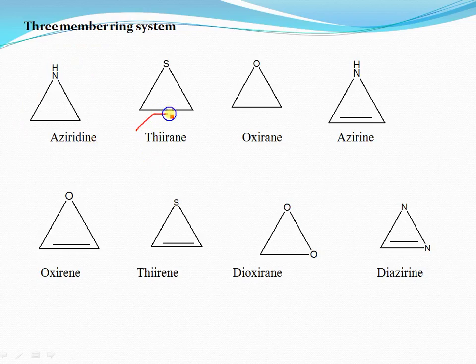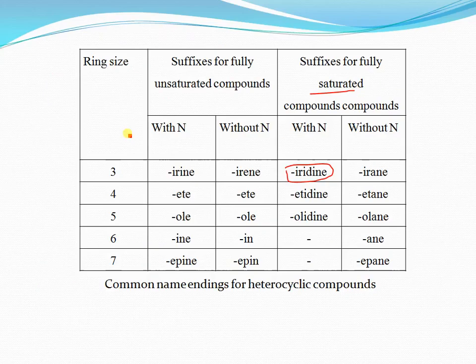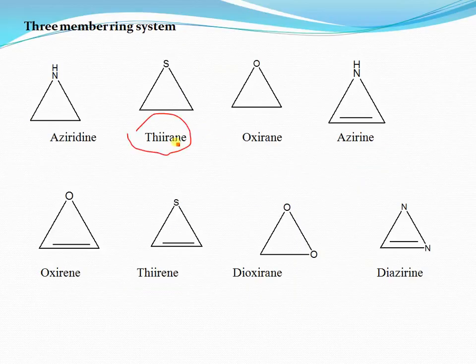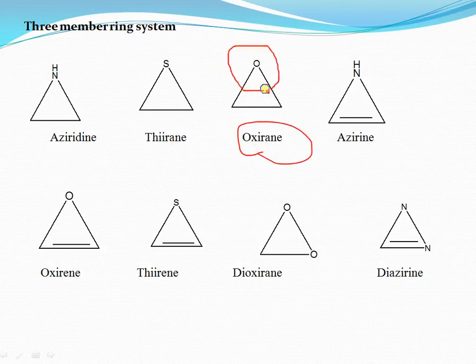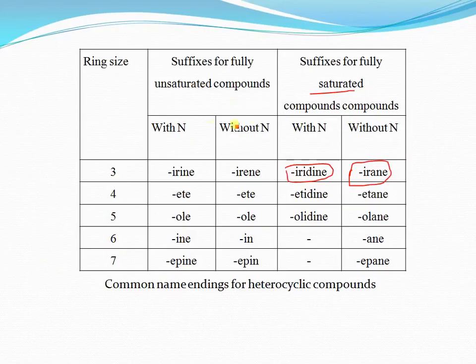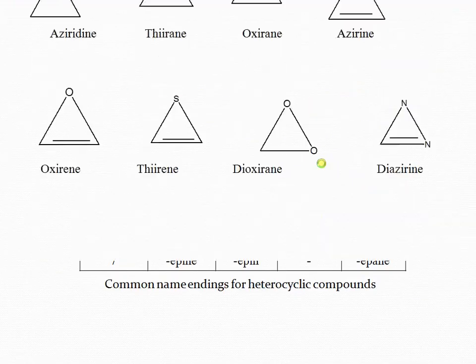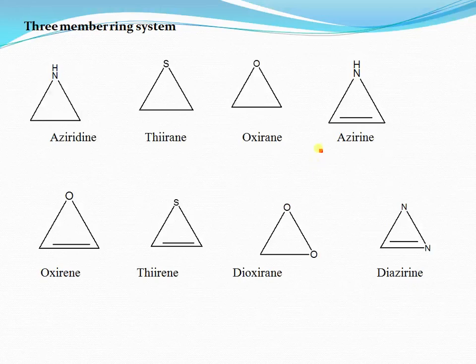It is thirane, again saturated, irane. Without nitrogen it is thirane. Oxirane, this is oxygen without nitrogen. So use of this table is very important for naming the heterocyclics.